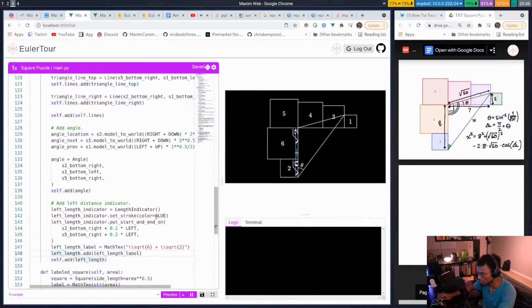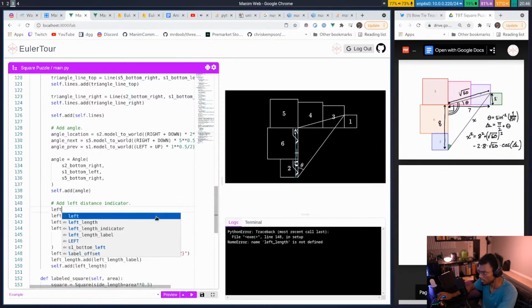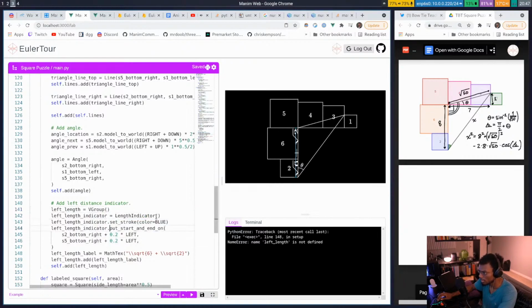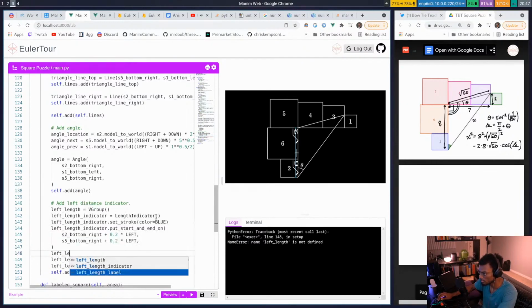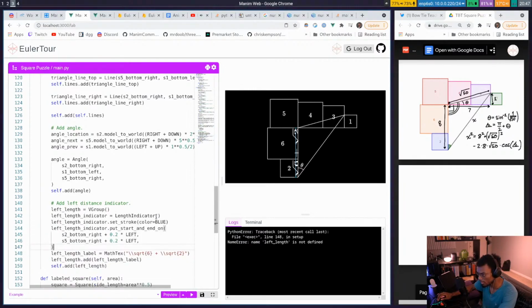Okay, so I'll have left length here. Then I'll have the indicator. Actually do it this way.